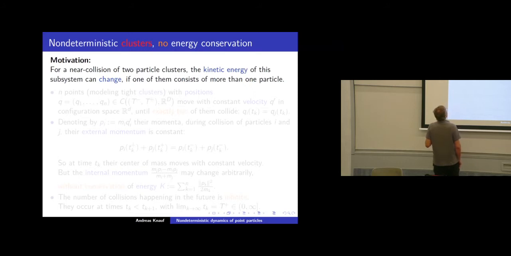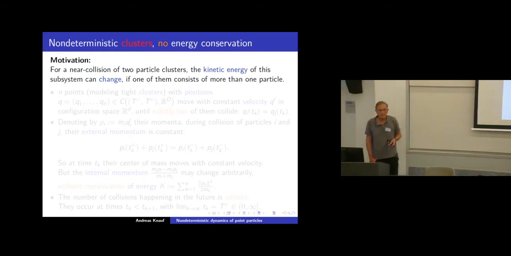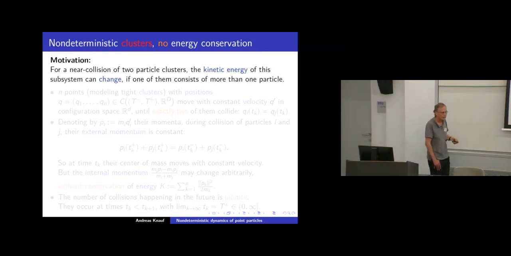So now I don't want to be deterministic, but I don't want to preserve energy either. Yeah. So I'm stripping away everything I had from the structure I had in the beginning, namely the deterministic billiard.